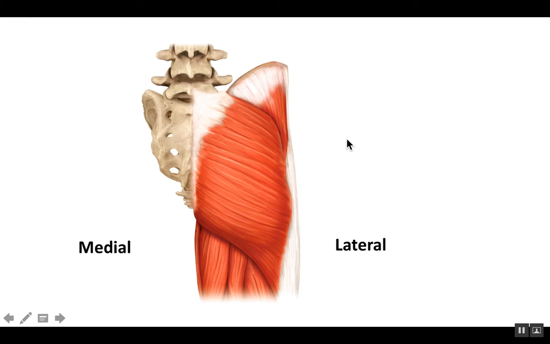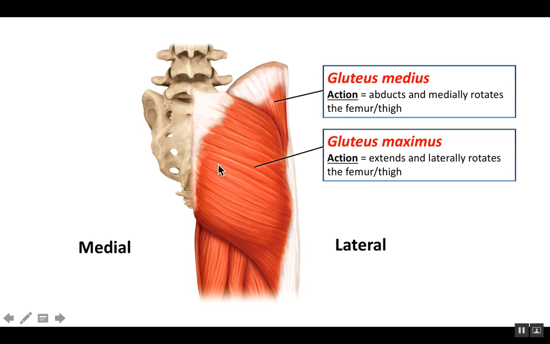This is a posterior view of the gluteal region. We've probably heard of the gluteus maximus, so that's this large muscle here. Its actions include extending the leg at the hip, but also laterally rotating the thigh, so you can twist your thigh away from the body using this muscle.